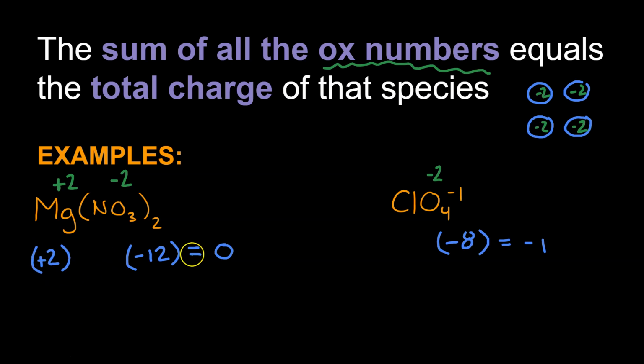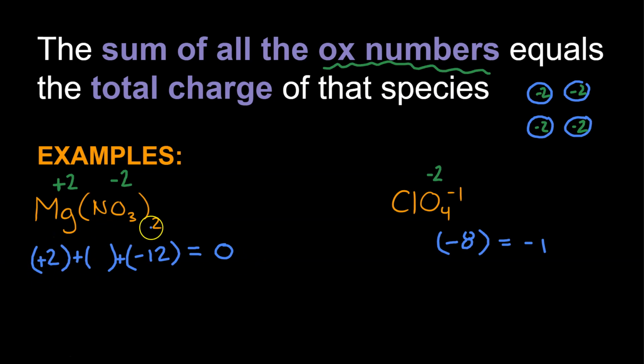So let's keep going here to finish off this Mg(NO3)2, because I've done the easy ones, the magnesium and the oxygen. The only one in the middle that's a little bit harder is the nitrogen. There is no specific rule for nitrogen's oxidation number, other than going back to the very start of this video. I know that all of these total oxidation numbers have to add up to the overall charge of the compound, which we clarified was 0. So you've got to think about what the total charge of the nitrogens would have to be to get all these numbers to add to 0.